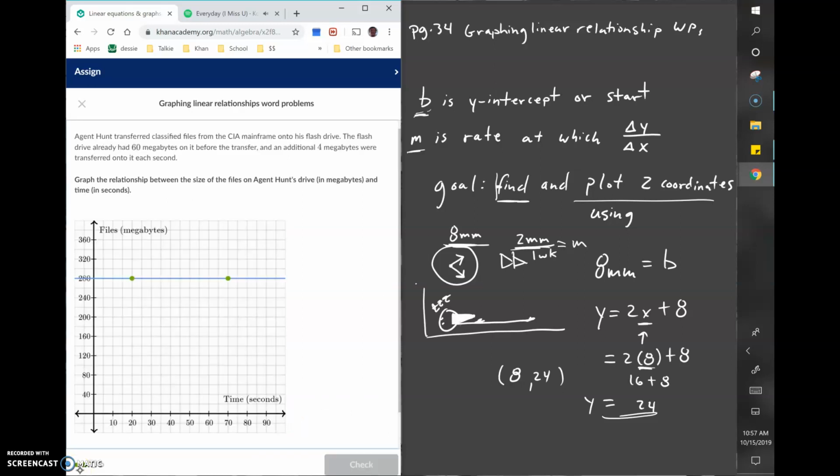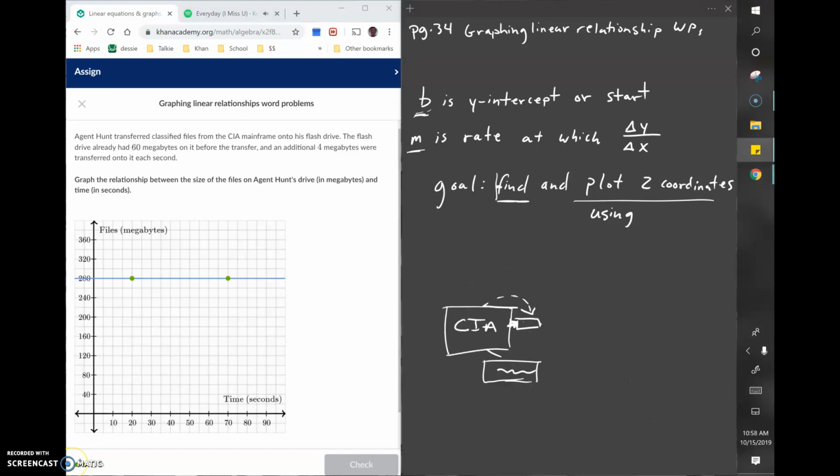So pause the video, try to diagram it, try to figure out what those numbers represent. So this agent is breaking in, essentially breaching the CIA, and he brings in this flash drive, and this flash drive has 60 megabytes already on it.